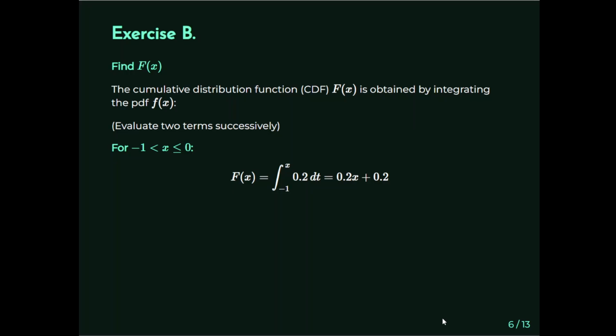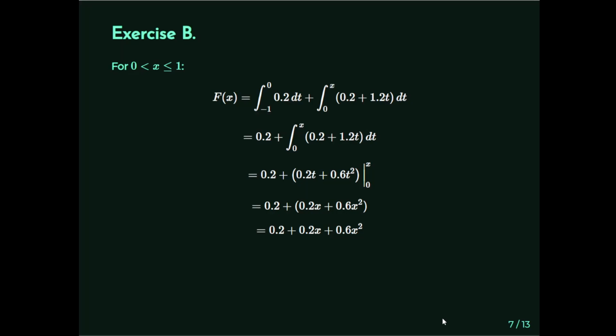Now, we're going to do the second component here, where x is in the positive region between 0 and 1. Just as a remark, you would include the first term that we've done previously because it will be relevant. It is an integral from -1 to x. So essentially, we're going to break this up into two components here. We have the first term, the 0.2, the negative region, and that must be included in this calculation. But we have the answer there. It's the first term.